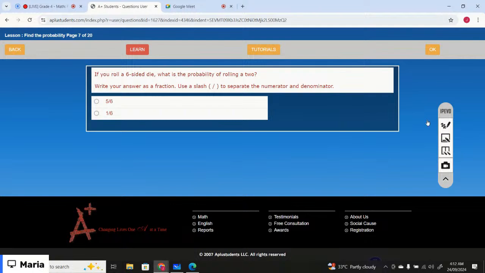Whatever number you roll on the die, the probability is 1 by 6 for every number. Okay, you can complete the lesson by yourself later today. Let me move on to the next lesson.